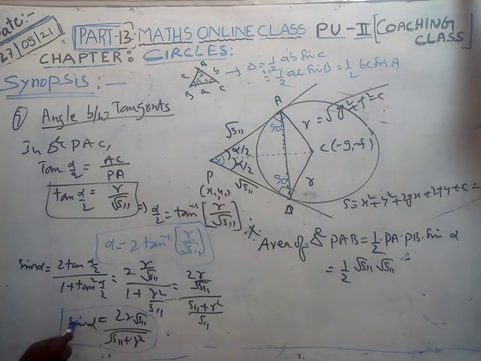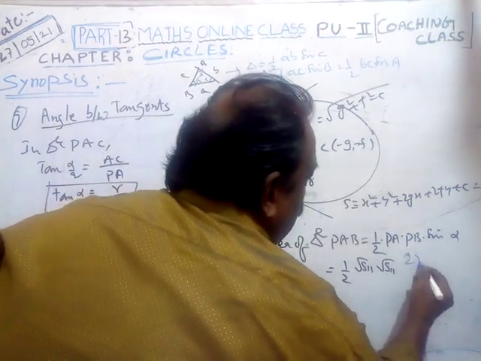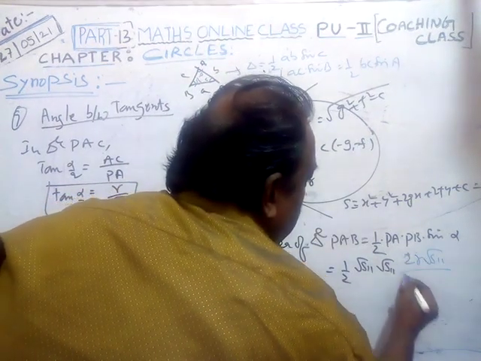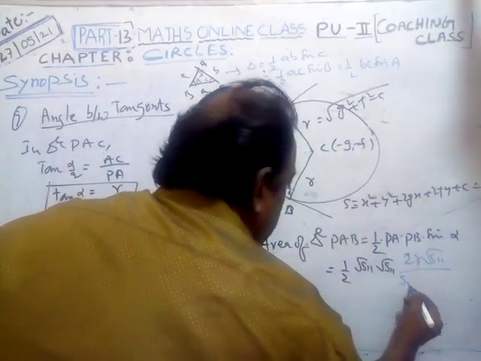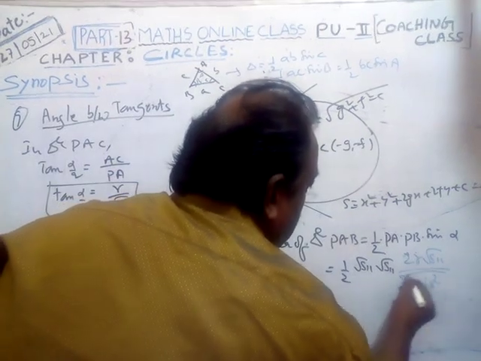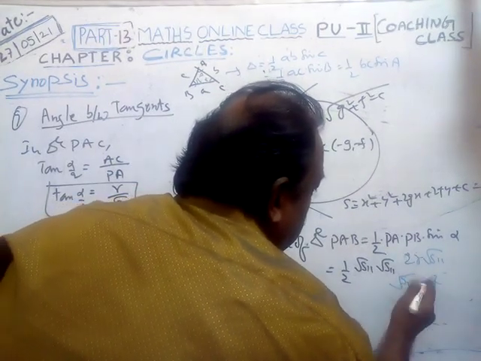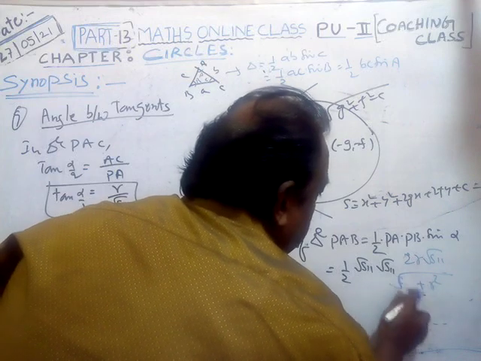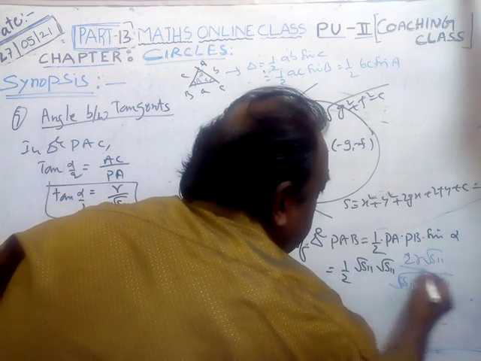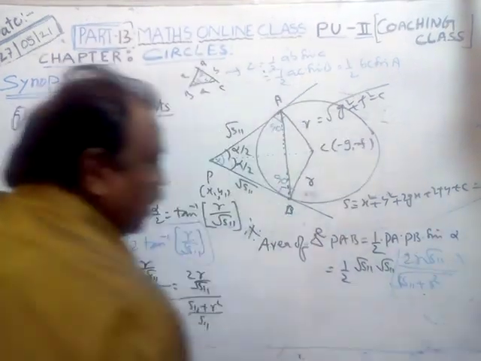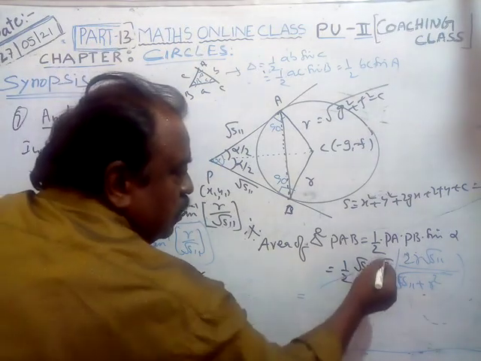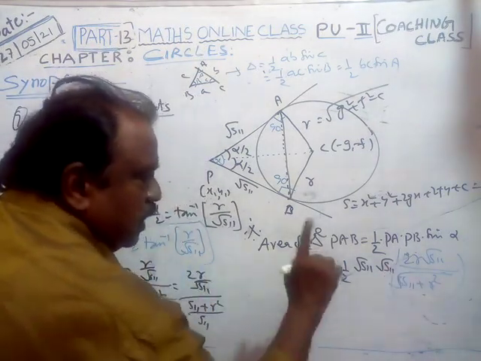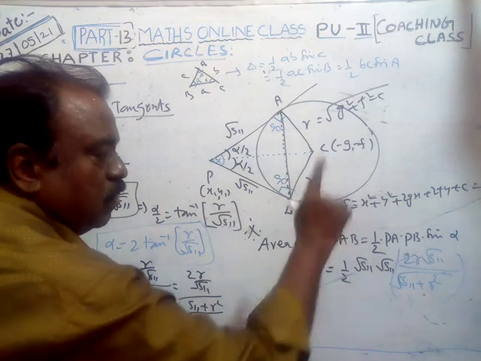So here we will substitute. Here it is 2R root S11 by S11 plus R square. I will write here clearly. The 2 and this 2 cancel. Root S11, root S11, root S11.